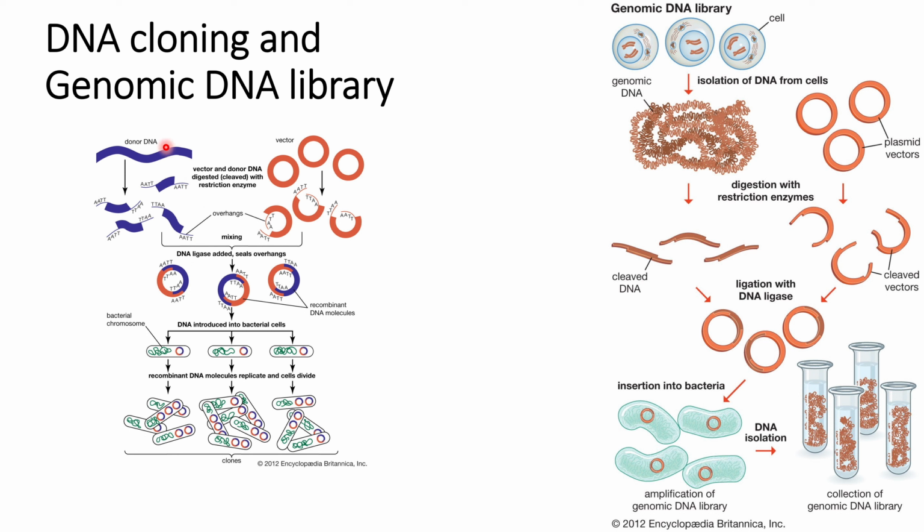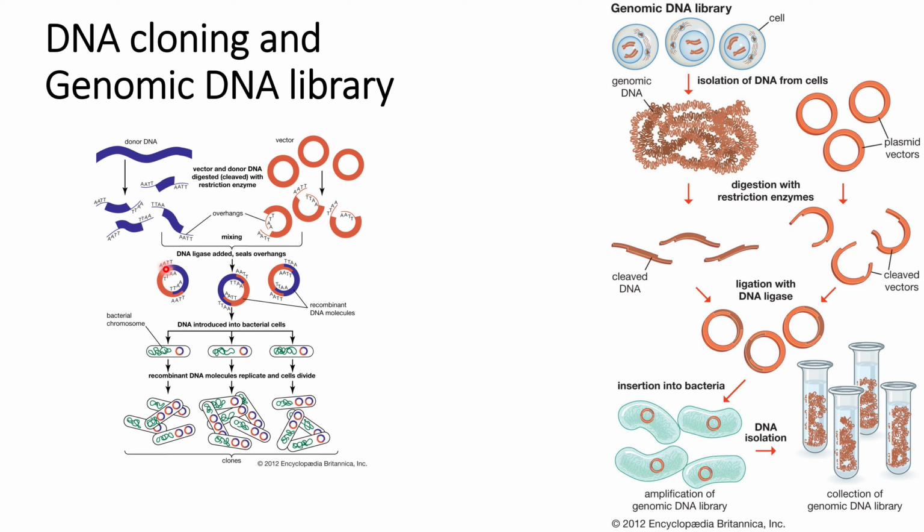In this case, one strand of the DNA is cleaved so that during the ligation step of donor DNA and vector, the ligation will occur in a more favorable manner, because the vector and DNA are cleaved by the same restriction enzymes.